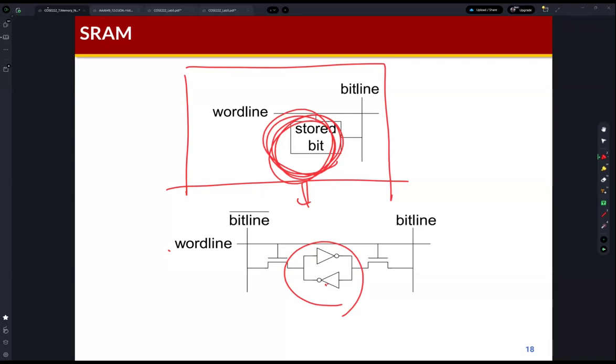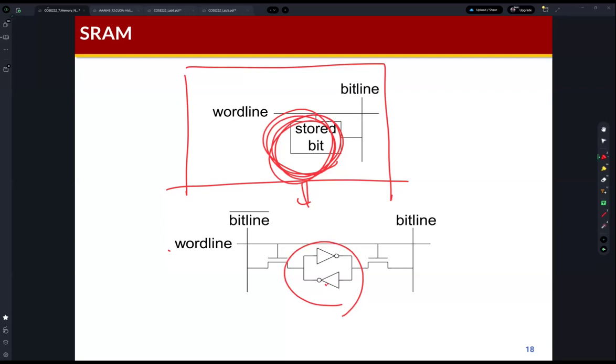So we can actively boost the voltage level of these cross-coupled inverters. So that's why the SRAM is very fast. But also, we can implement the SRAM using the normal process technology.